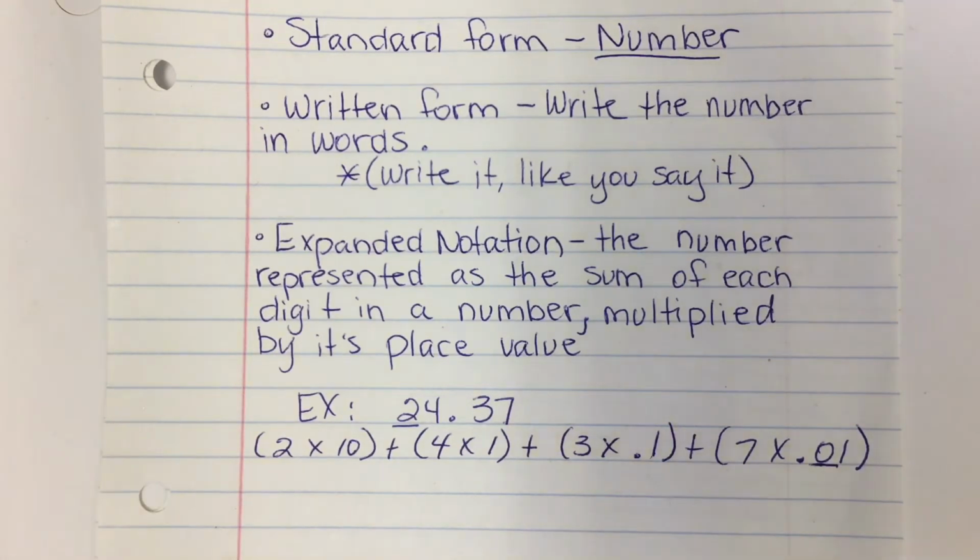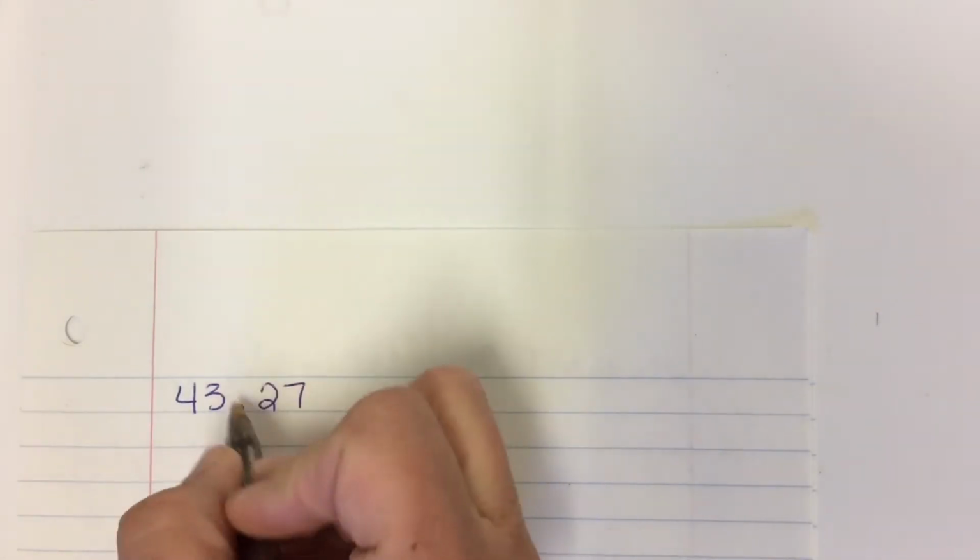So let's do some practice problems. This first number is 43.27. How would you write that in word form? So think about it. 43, the point says "and," and then 27, and the 7 is in the second place value.